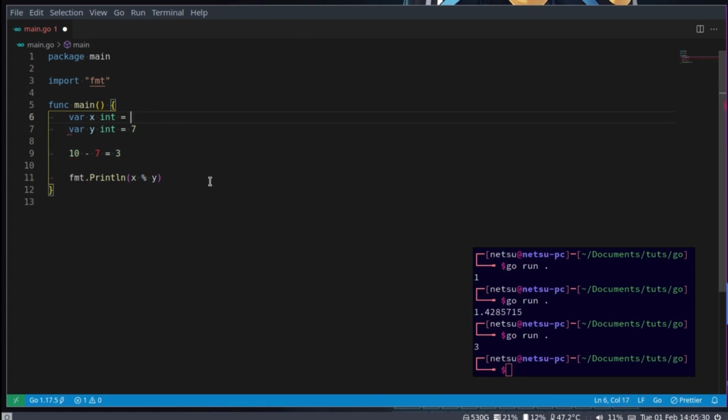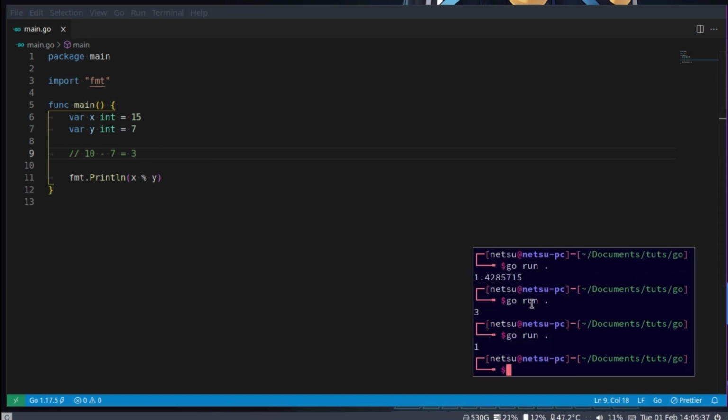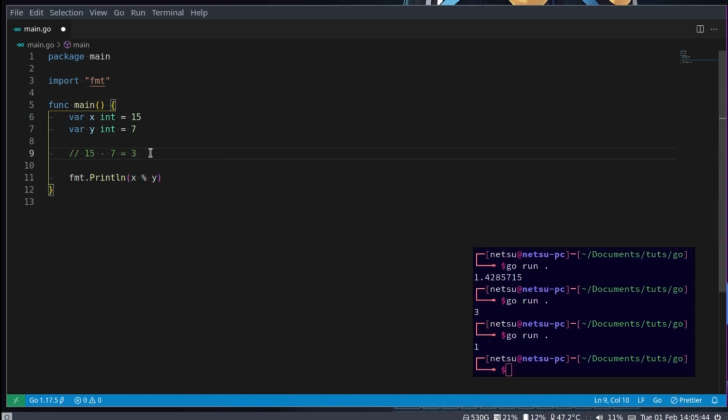If we were to make this 15, you'll notice this doesn't quite work out anymore, because we get 1. So what happens is, when we get this, it will tell us that this is 8. Then it runs it again and goes 8 minus 7. And that gives us 1. Then it runs it again, and it's 1 minus 7.